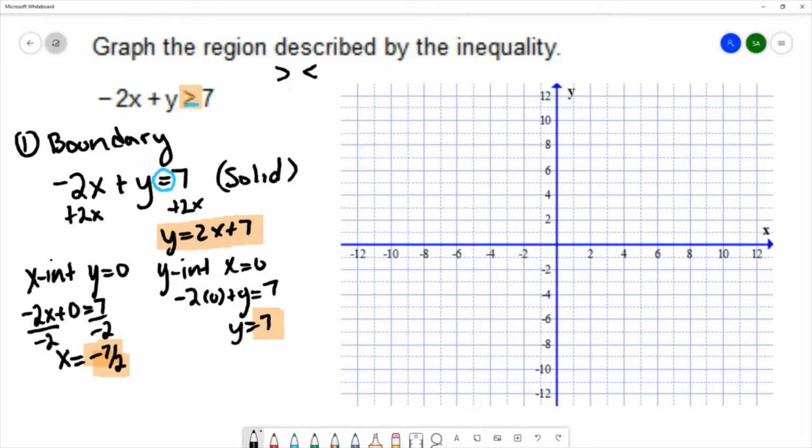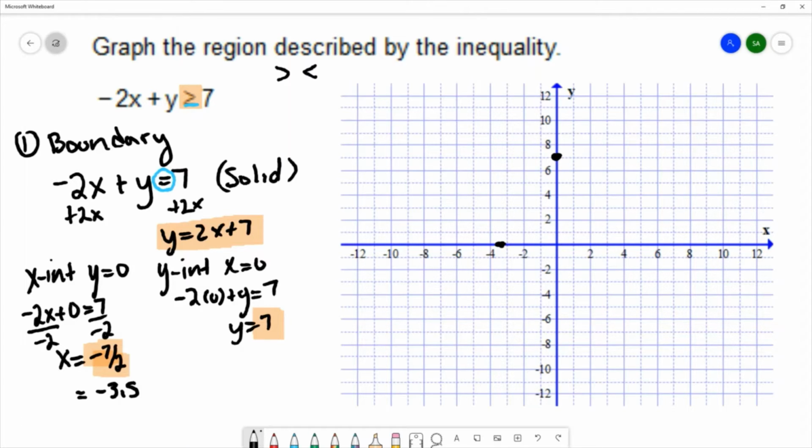So if you were finding the graph with the intercepts, this negative 7 over 2 would be negative 3.5. And negative 3.5 would be about here. And then a y-intercept of 7 would be here.